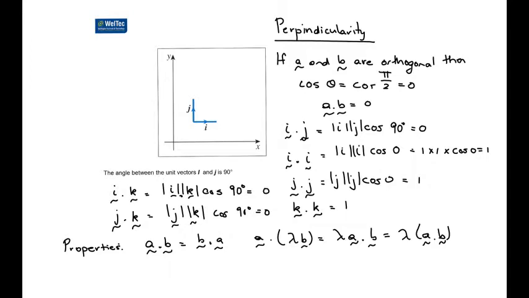And the distributive law also works. And a vector dotted with itself must just equal the length of itself squared. In class we will do some examples involving this.